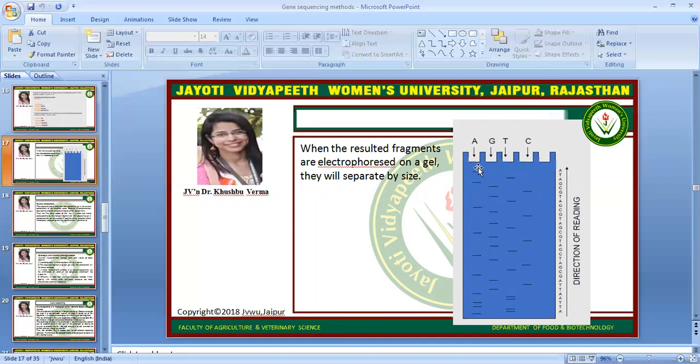Higher weight, higher length fragments will be slowed in migration and will stop near the well, and lower size fragments will move towards the anode, towards the end of the gel, and this will be the direction.